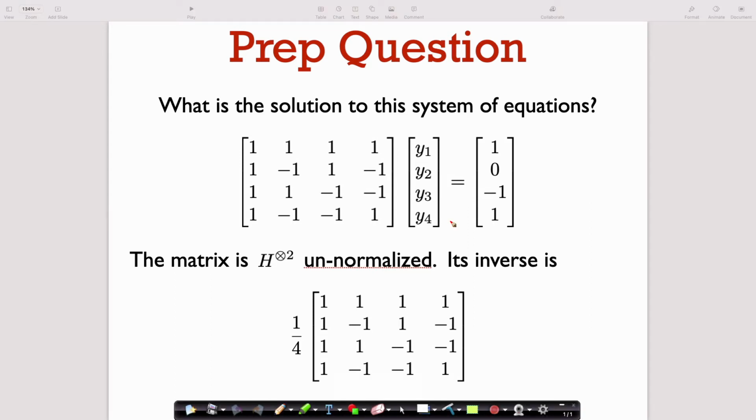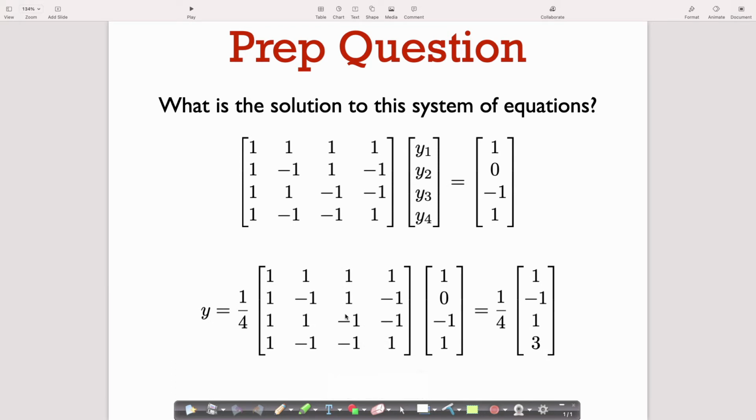Here we have this H tensor 2 with a different normalization, and its inverse is going to be this matrix here. It's 1/4 times the same thing that we have up here. So we can just multiply by the inverse to solve the system of linear equations, and we get the following solution.